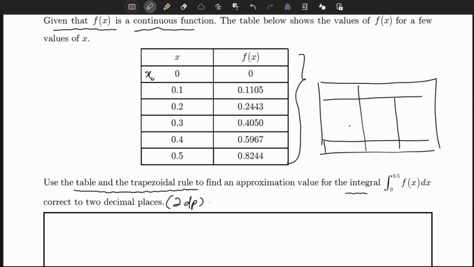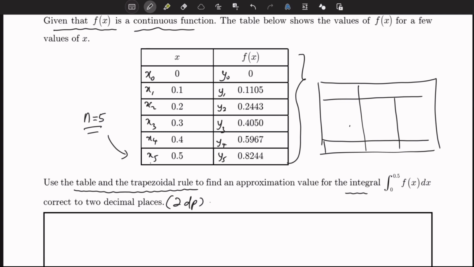So this is your x0, x1, x2, x3, x4, x5, and y0, y1, y2, y3, y4, y5. Remember the first and the last. Since we have x5, our n is 5.